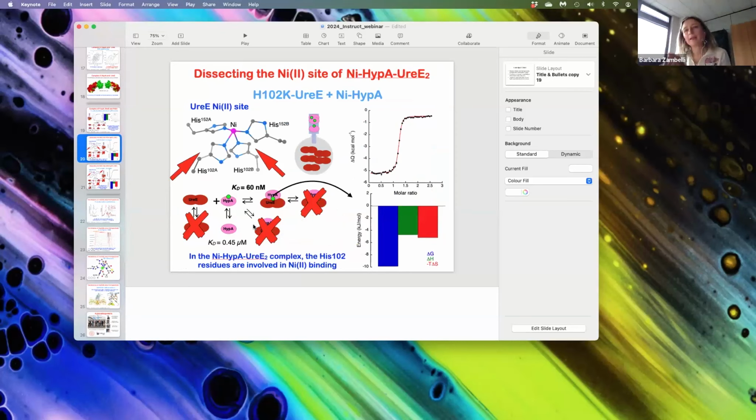Yeah. I mean, I try to clarify what we did here. So we measured the binding curve for all the single interactions, so the urease alone, the HypA alone with nickel, and the two proteins together, so the binary, let's say, complexes, and then for the ternary complex involving the three species, and then we put together all the curves in a global fit experiment using AFFINImeter, and so we could really derive quite reliable data.